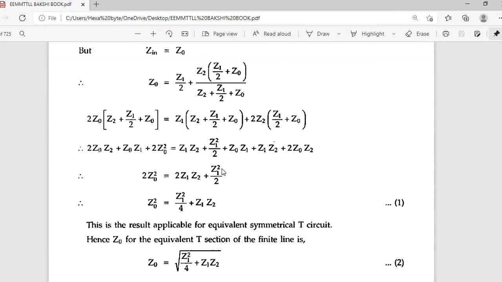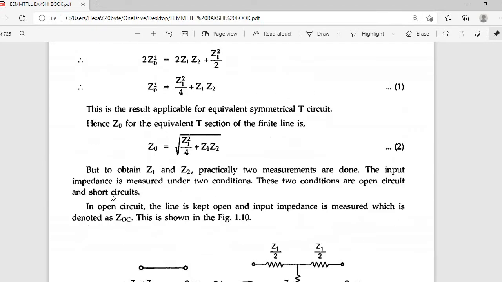From this equation, Z0 square is equal to Z1 square by 4 plus Z1 into Z2. The 2 comes across, 2 into 2 is 4, and the 2 cancels.